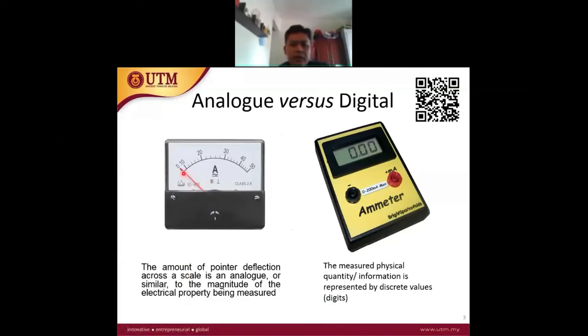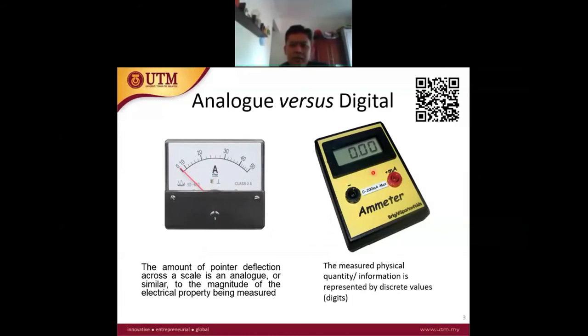On the face of the ammeter, there is a moving needle, and there is a scale on the top. The scale shows the value of the deflection of the needle, and the deflection is in relation with the amount of current that flows through the analog ammeter.